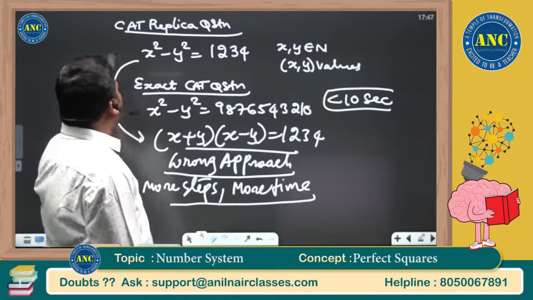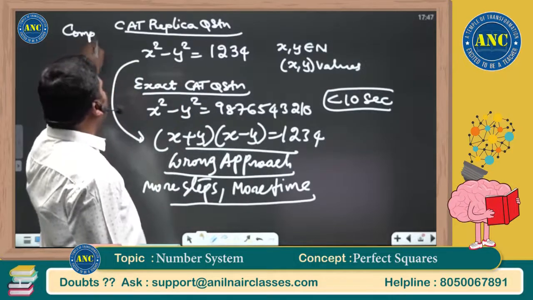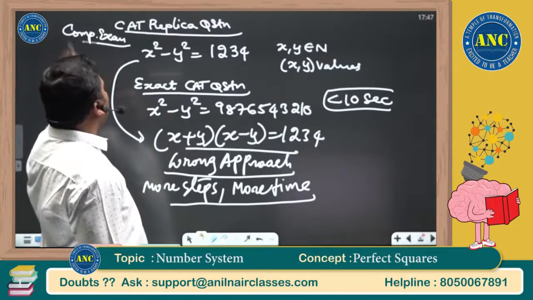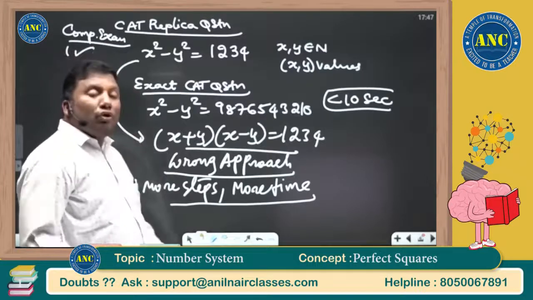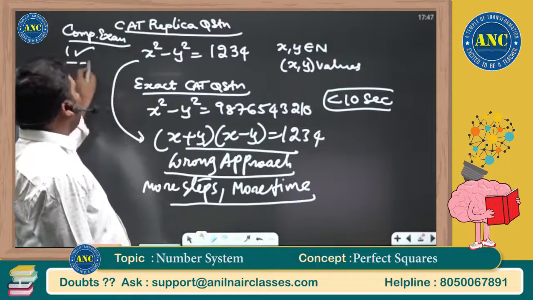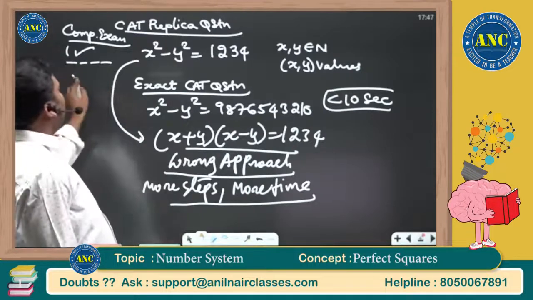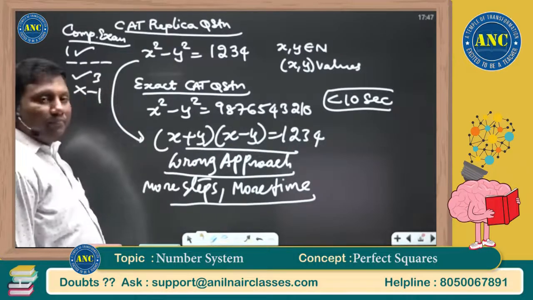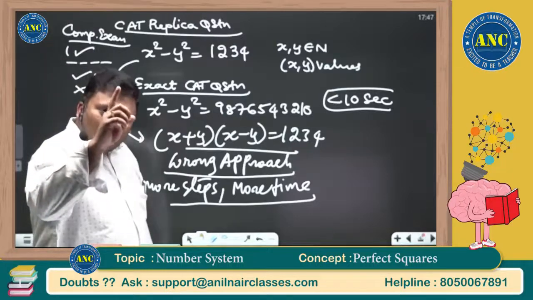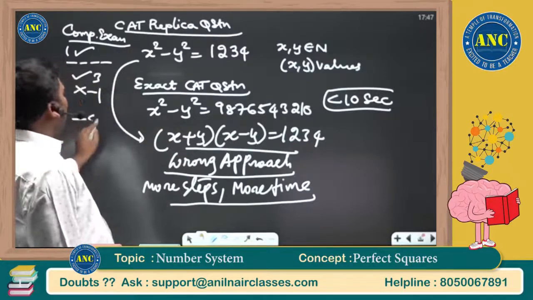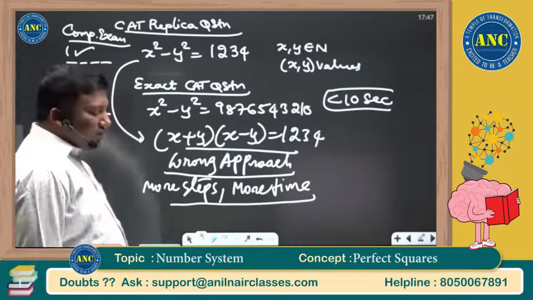Why? Because you are writing a competitive examination. Even one right answer matters a lot. If you can save time, if one question has 4 options, right answer 3, wrong minus 1. If you do one incorrect, you will lose 4 marks.